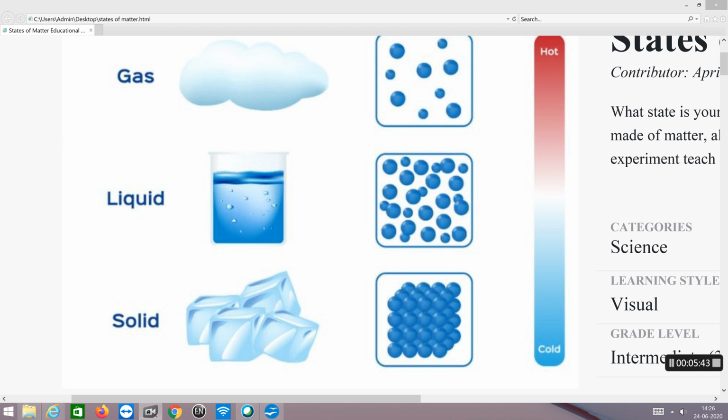And the force of attraction between particles of two different substances is called the force of adhesion.